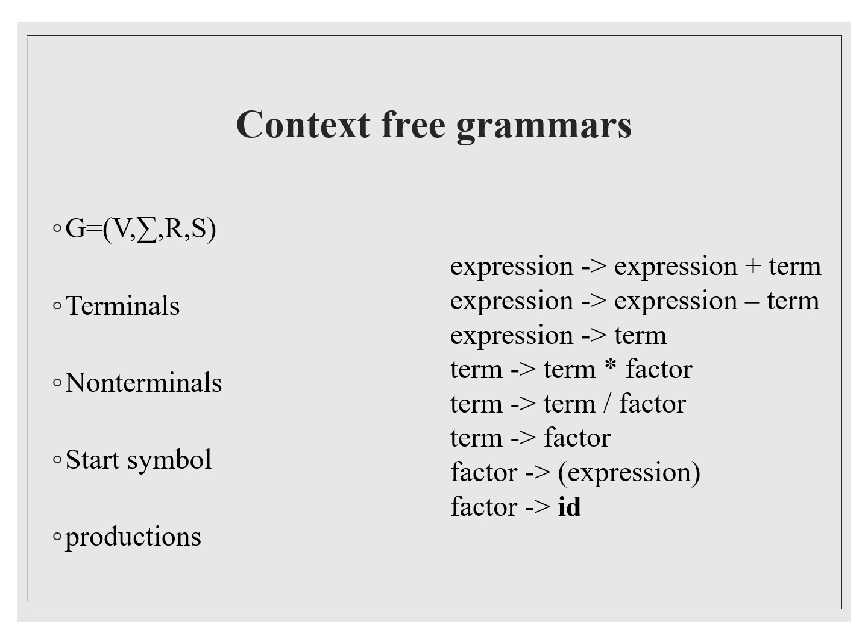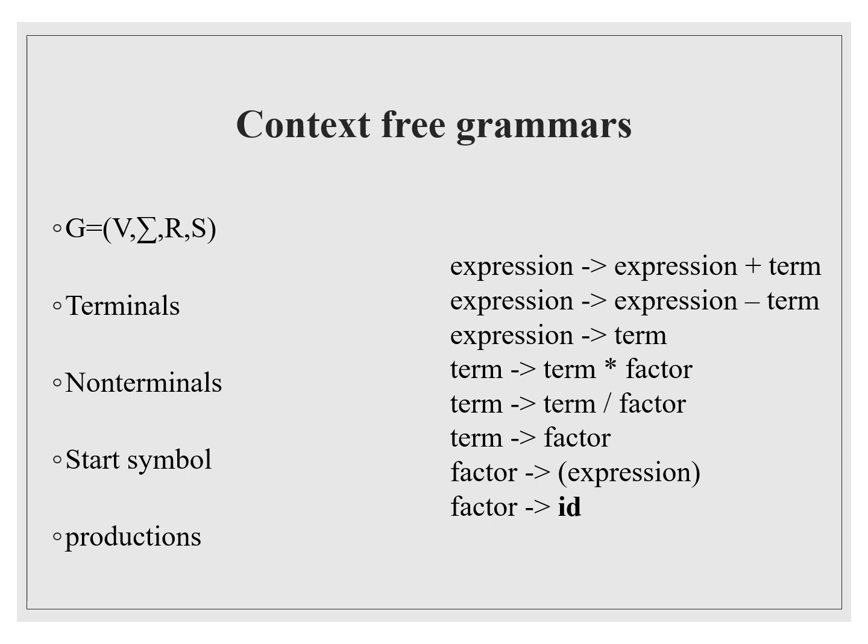Now consider this particular grammar: expression derives expression plus term, expression derives expression minus term, expression derives term. What is term? Term derives term star factor, term derives term slash factor, term derives factor. What is factor? Factor is nothing but a bracketed expression or identifier.